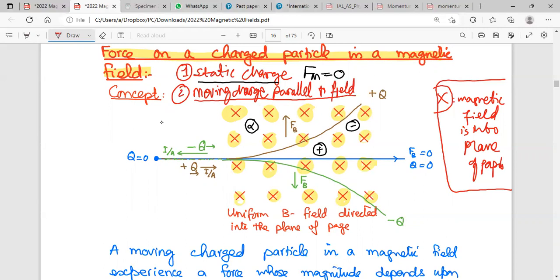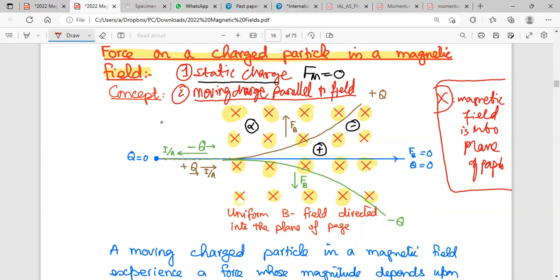These crosses mean that the magnetic field is moving into the screen, away from you. Like you are, at the moment, a north pole and some south pole is behind the screen. So the magnetic field is coming from north, entering the screen and going behind it. So crosses mean that the magnetic field is going away from you into the page.